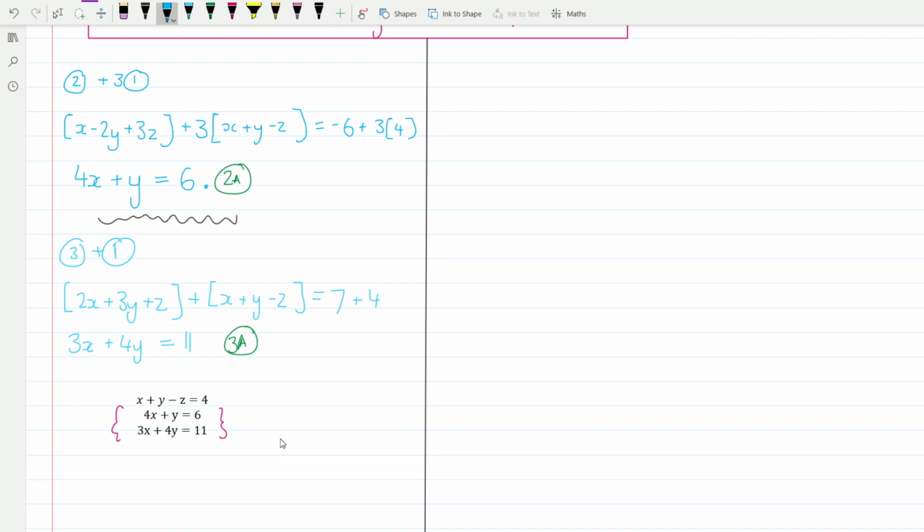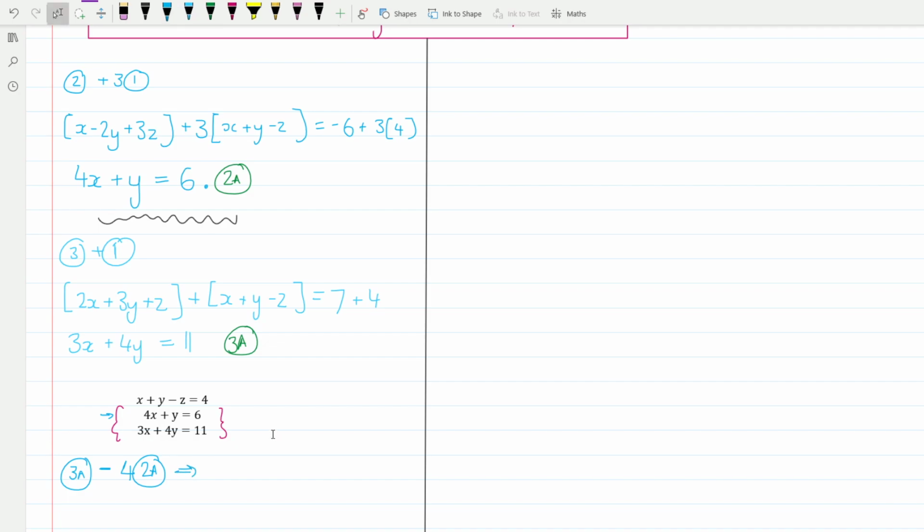Right, so let's see. If I times this equation through by 4 and subtract it from this equation, I should be able to get rid of the y's. So I'm going to take equation 3a, I suppose, and I'm going to take away 4 lots of equation 2a.